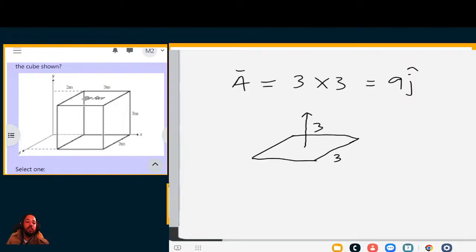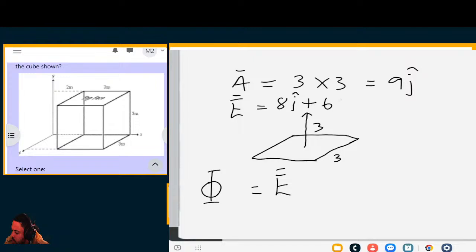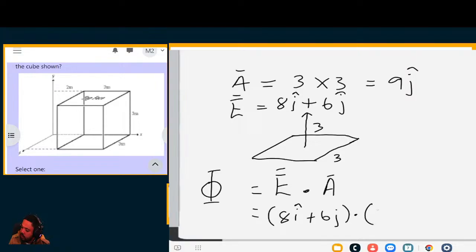So now we have both of these things. We want the flux through that top surface. We have the electric field going through the top surface. Remember, the electric field going through the top surface is equal to 8 i hat plus 6 j hat, dotted with the area vector, and that will give the flux. The electric field is 8 i hat plus 6 j hat, dotted with 9 j hat.